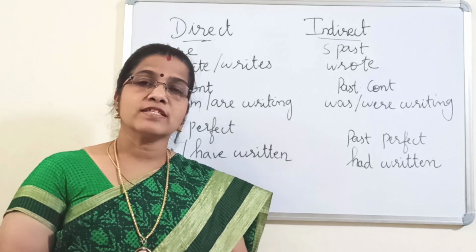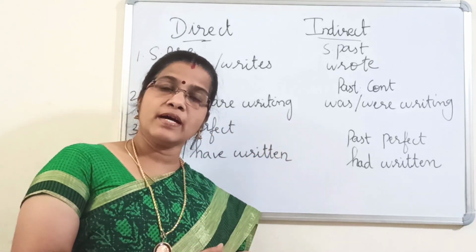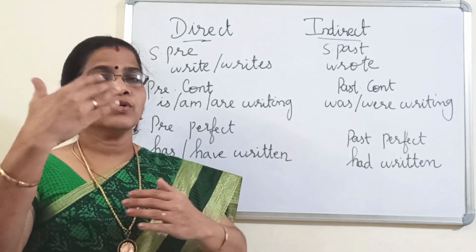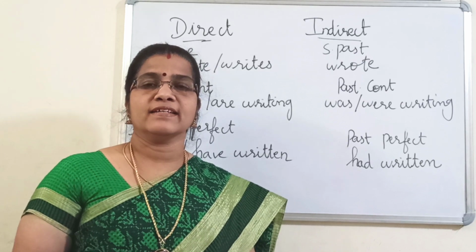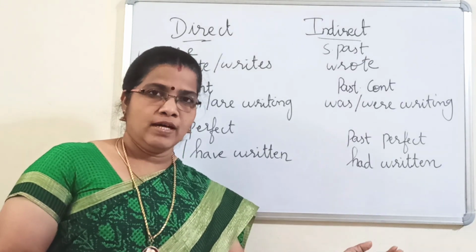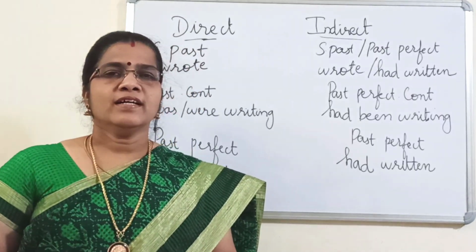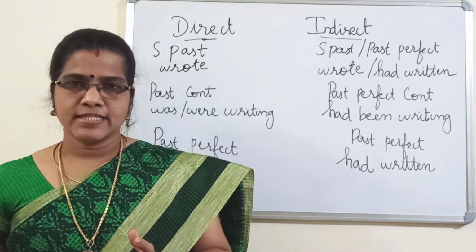Now similarly you have changes regarding past tense. In case you are given simple past tense, you have changes in the indirect speech. It doesn't become present tense in indirect speech. There are some changes, so I'll move on to that now. Now remember, I told you all present tense forms become past tense forms.